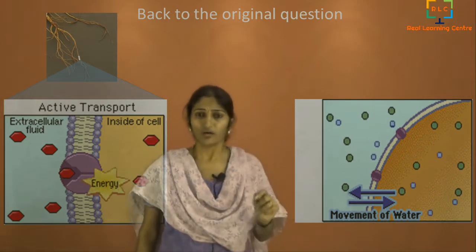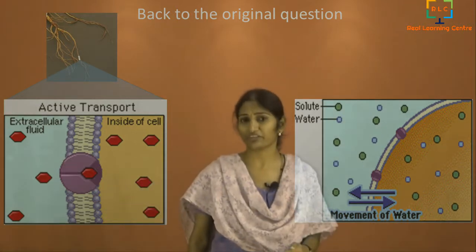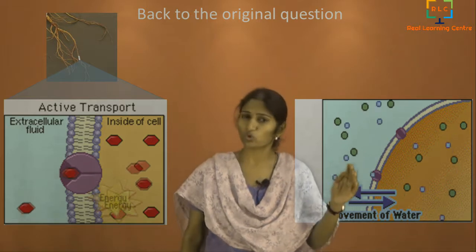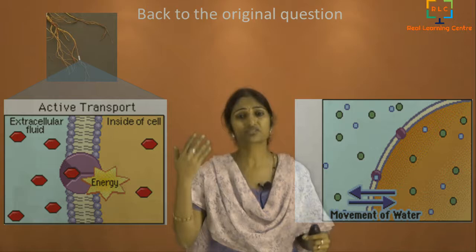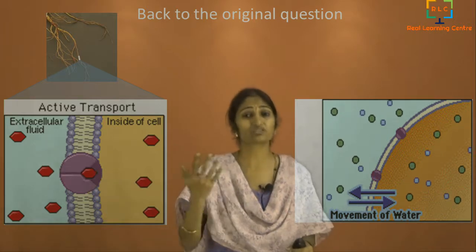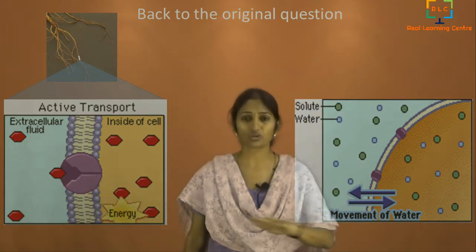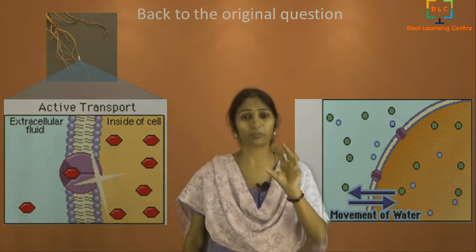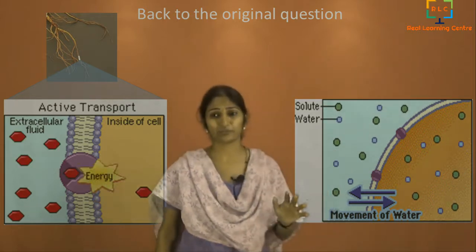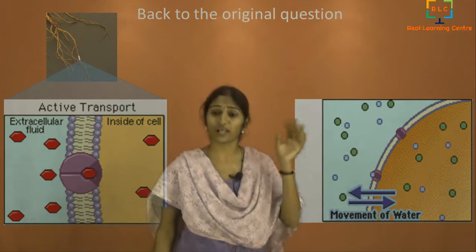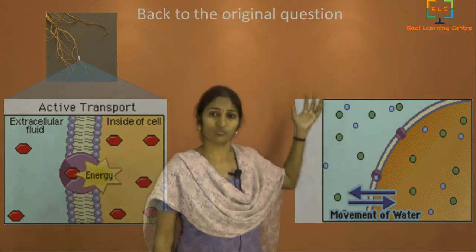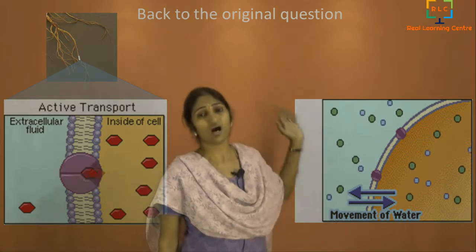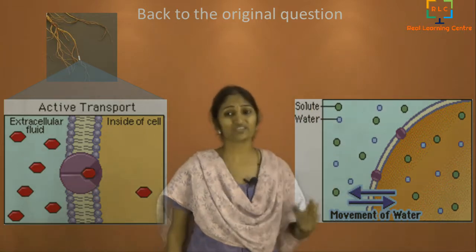Whenever water is coming inside, it will allow only the water molecules inside, but will not allow any salt, which is actually the solute. It will not allow the salts or any other big molecules inside. So the solutes are not allowed inside. Only the water molecules which are more outside the cell enter inside the cell.